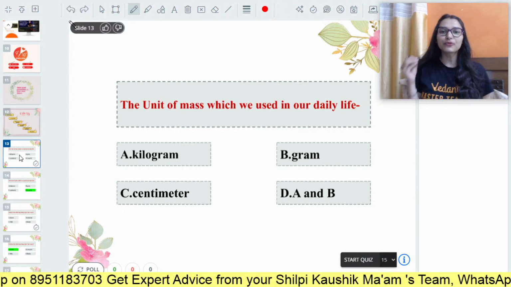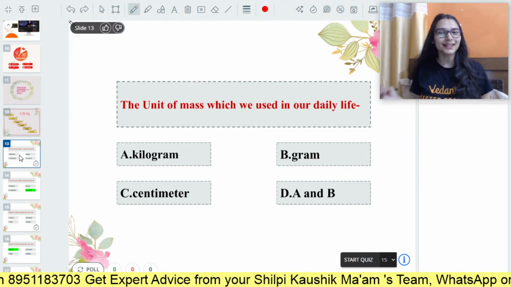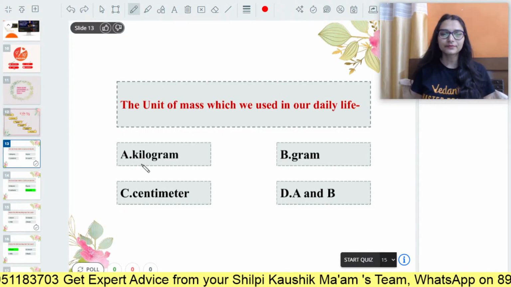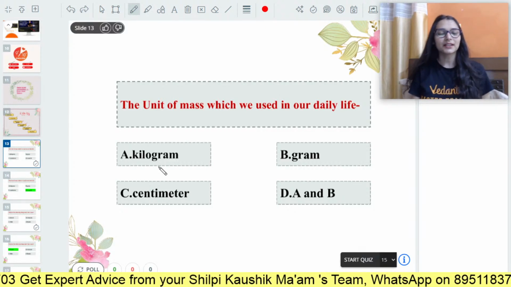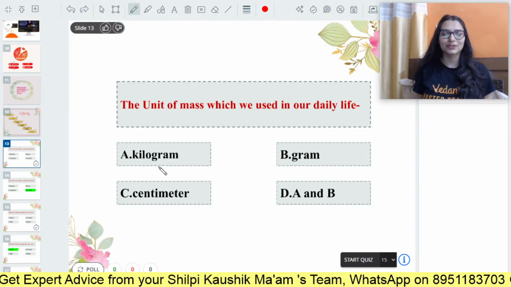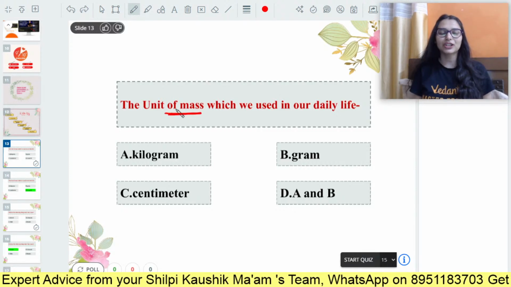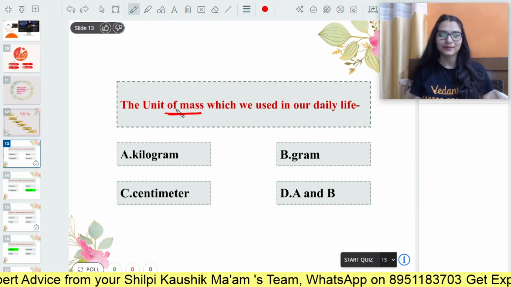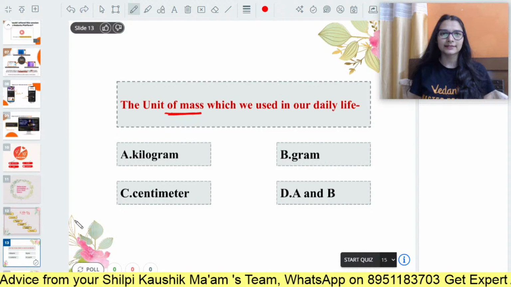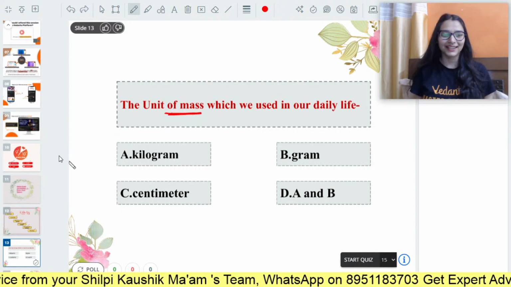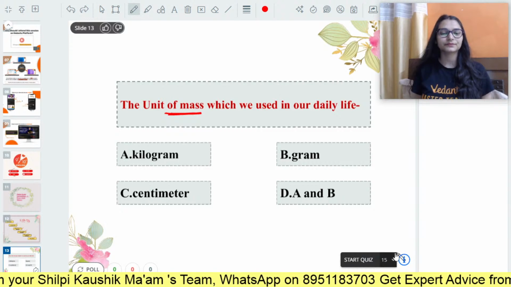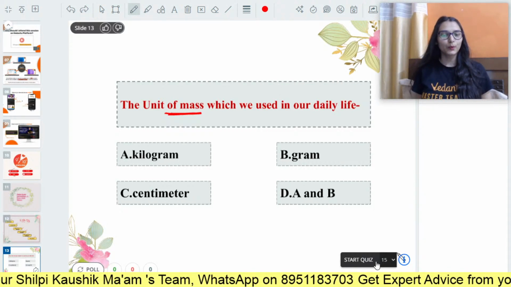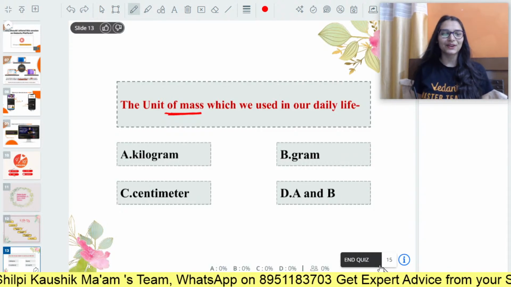The unit of mass which we use in our daily life is kilogram, gram, centimeter, or both A and B. The unit of mass you have to tell. Do not copy the answers. You guys are very smart, I know. Let's get started in 3, 2, 1, and there you go.